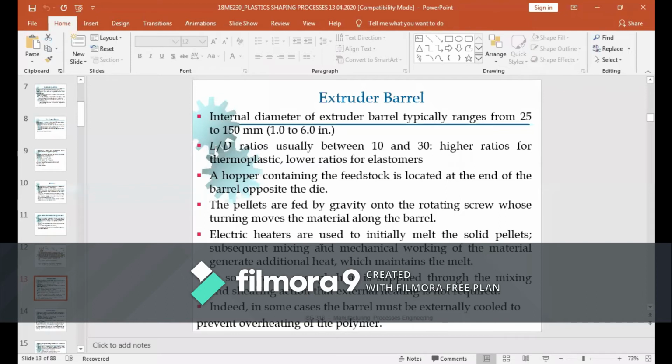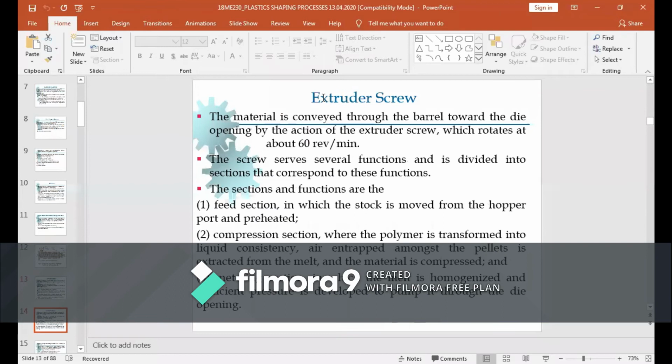Earlier I mentioned that I'm going to use an electrical heater to melt the solid pellet. Further, the melting happens by the mechanical work done by your screw, the rotating action of the screw. The screw is rotated at about 60 revolutions per minute.